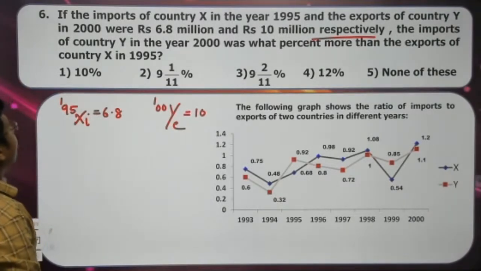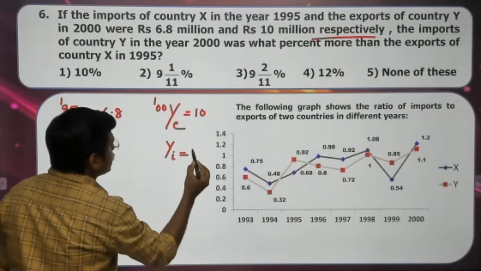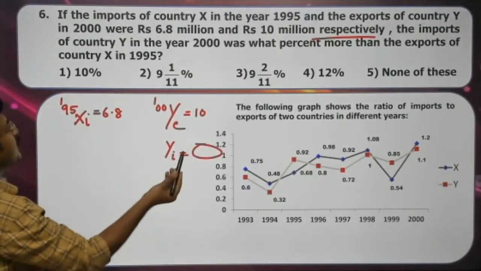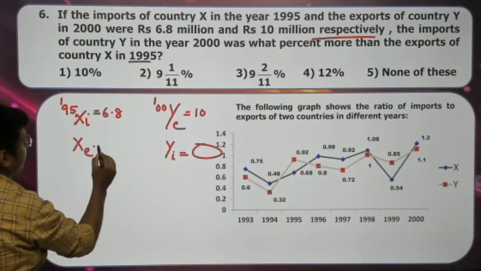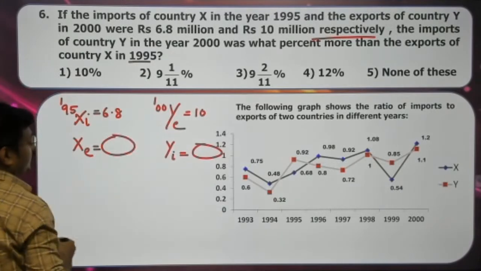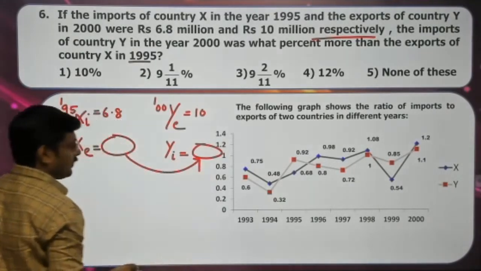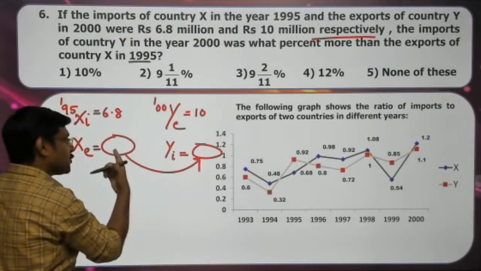Then the import of country Y in 2000, this value, was what percent more than the export of country X in 95? So simply, this particular value is what percentage more than this particular value?